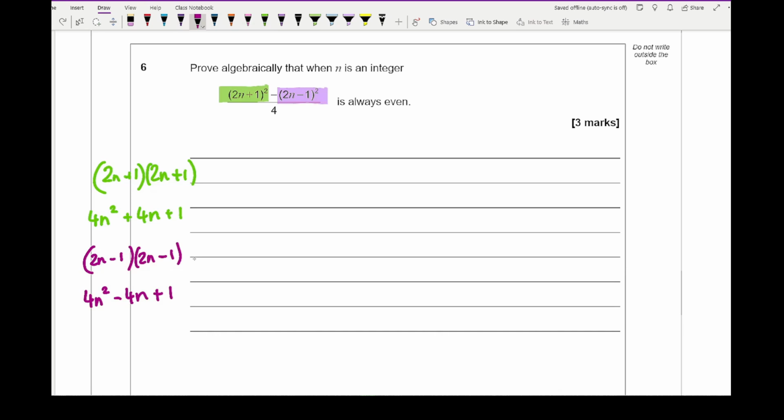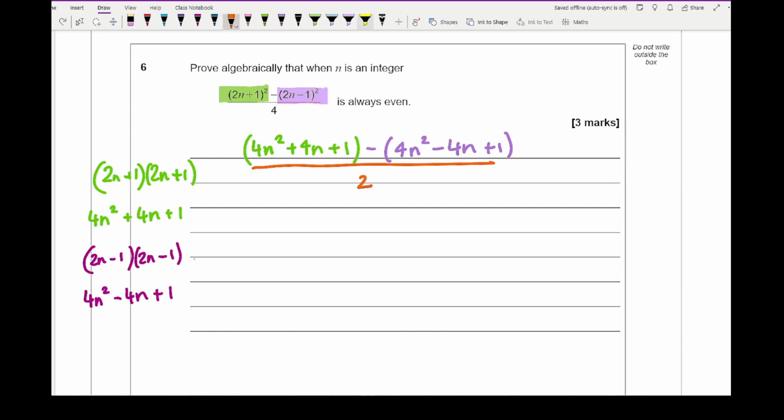And if I join those two things together, being careful with the negatives, with the green I get 4n² plus 4n plus 1. I'm just going to put that in brackets, and then that is minus 4n² minus 4n plus 1, and that is all divided by 4.